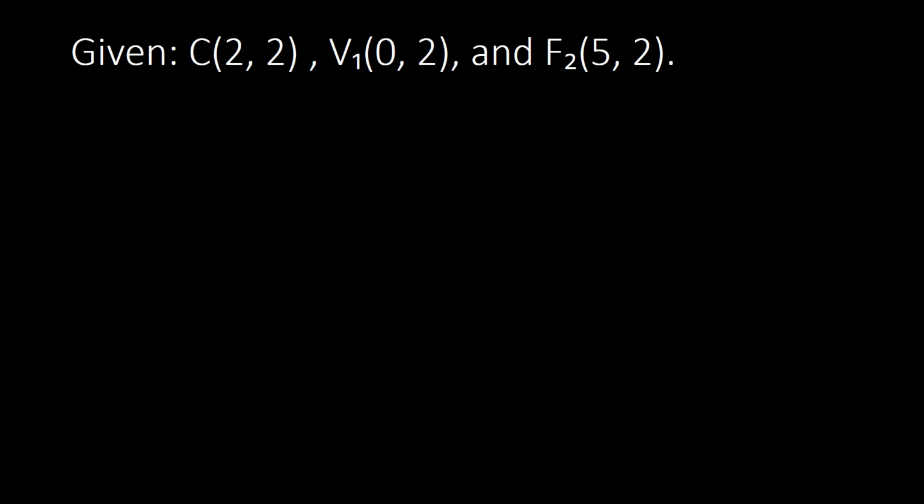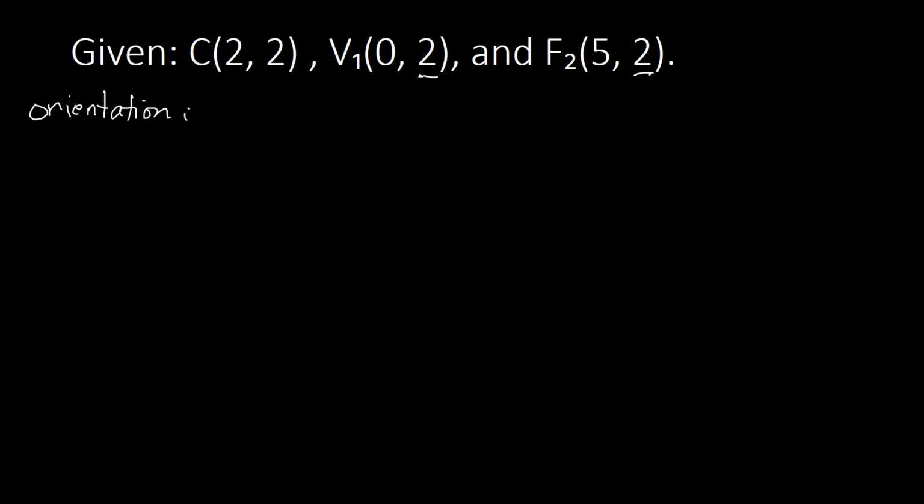So first, let us try to do the orientation. We can simply spot it using the vertex information and the focus. If you look at this, we've got a vertex at (0, 2) and focus 2 at (5, 2). They have the same value on the y. Since they have the same value on the y, that means our vertex and the focus are moving in the horizontal direction.